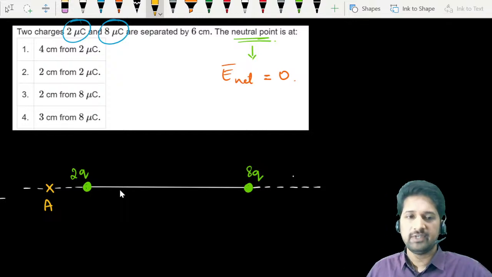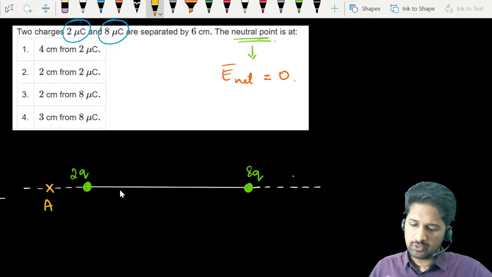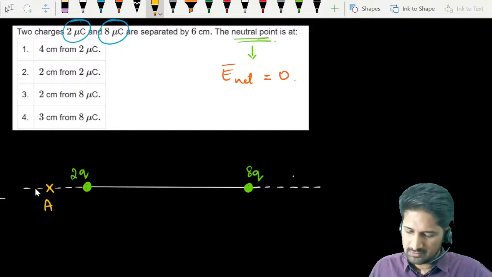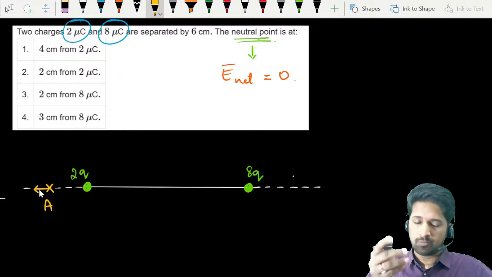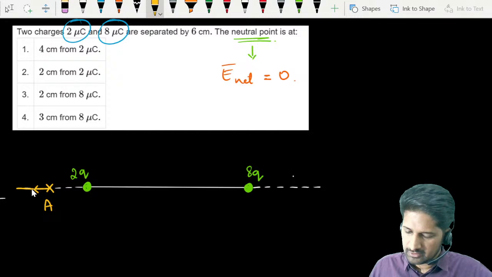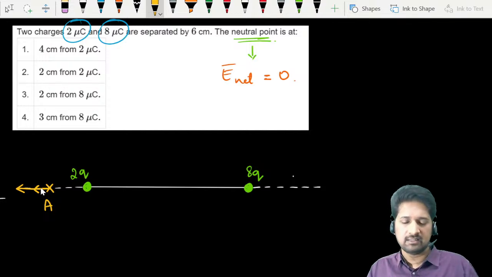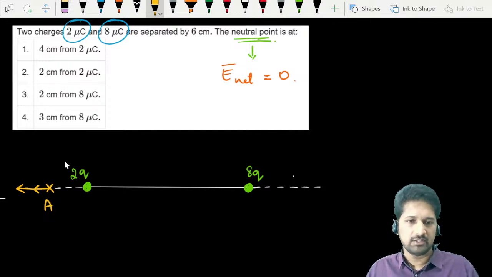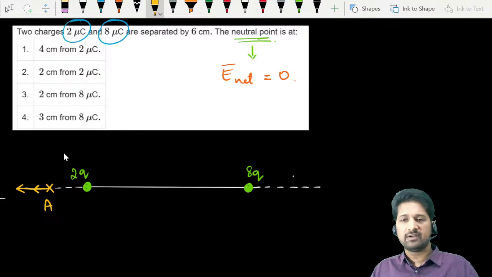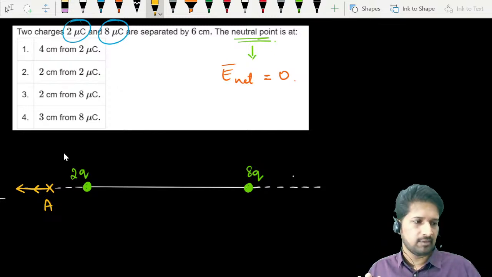Now think about the field produced there. 2q, since it's a positive charge, will produce a field directed away from itself. 8q is also a positive charge. It will also produce a field directed away from itself. Both fields are in the same direction, so there is no chance of cancelling. So the net field here cannot be zero. Anywhere on the extreme left, you cannot find the neutral point.